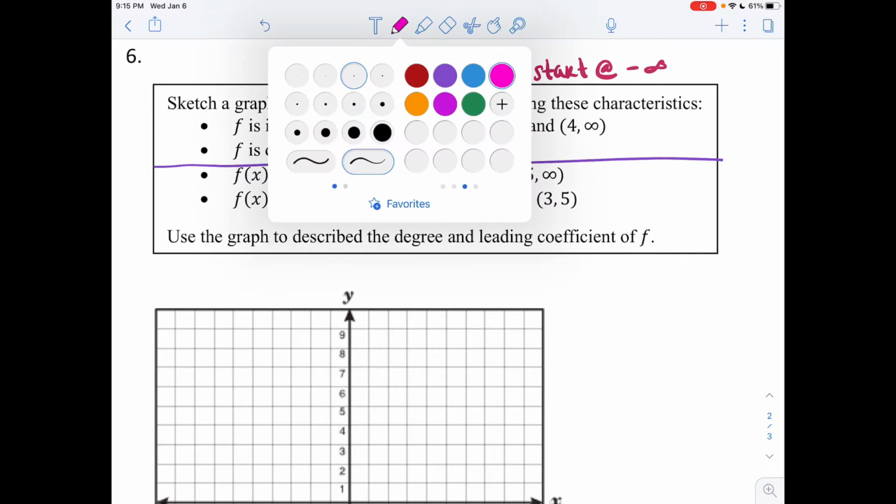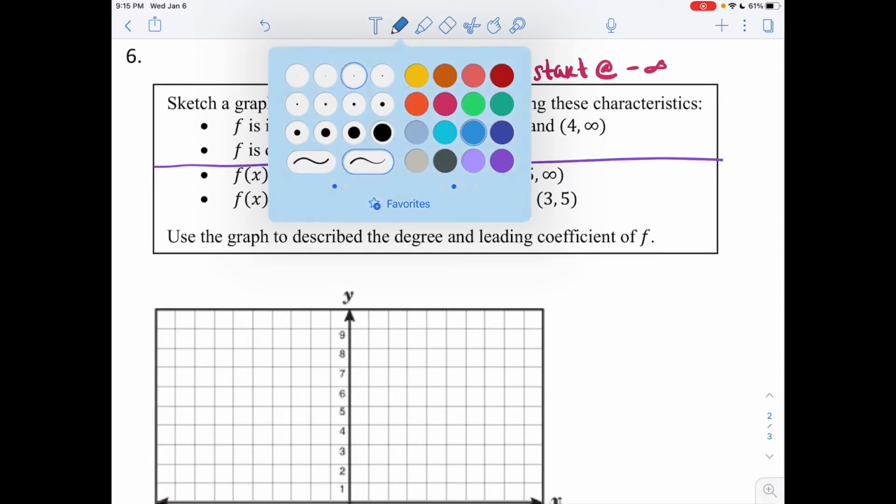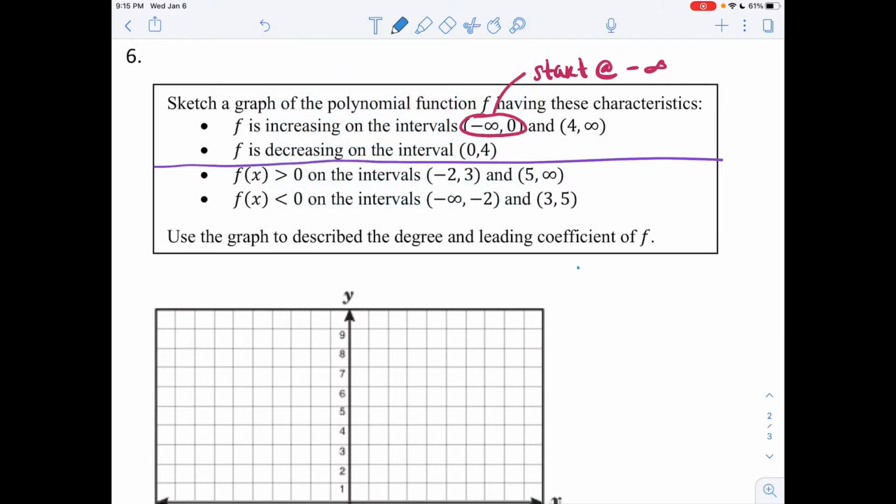So if we say that we're going to do a dashed line here, that's going to indicate a change for our increasing or decreasing interval. Remember that these intervals, we talked about these when we did parabolas, these are x values.